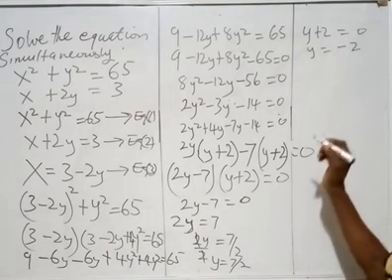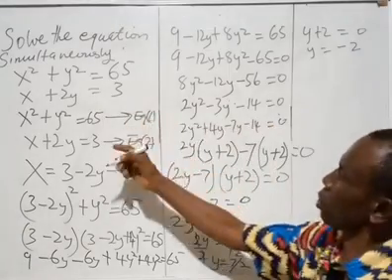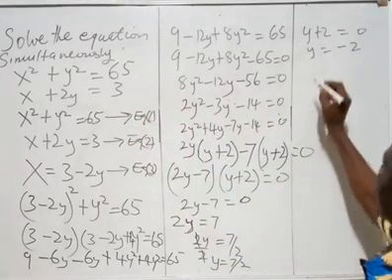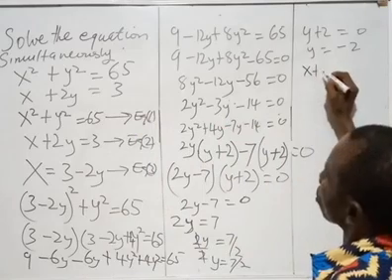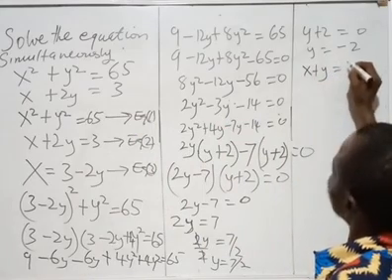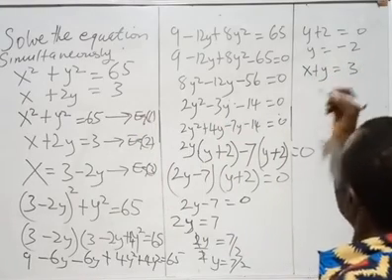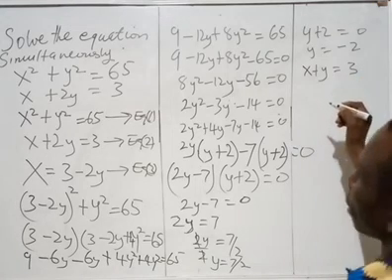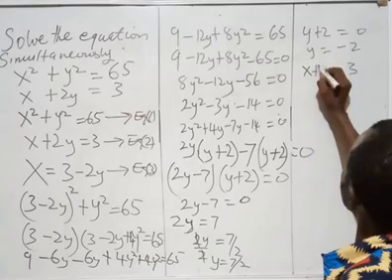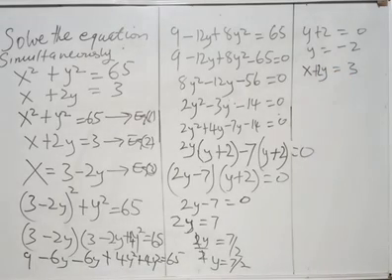I now substitute the values of y into equation 2. So what's my equation 2? I have here x plus 2y equals 3. So in the first case, I have y to be 7 over 2. So I bring in the 7 over 2.